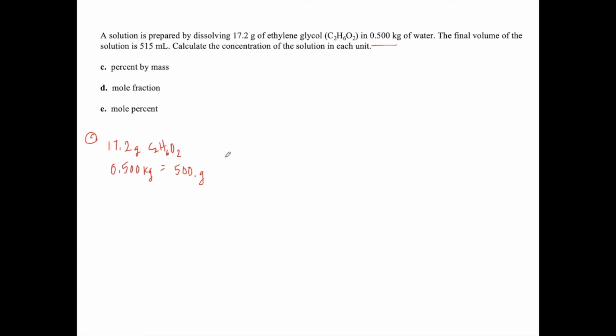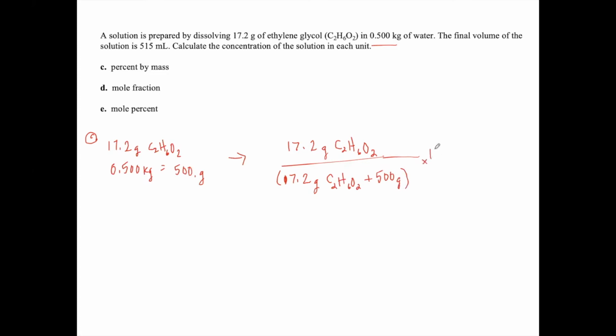So for percent by mass, you're dividing the mass of the ethylene glycol by the mass of the whole solution. So you have to add those two masses together.